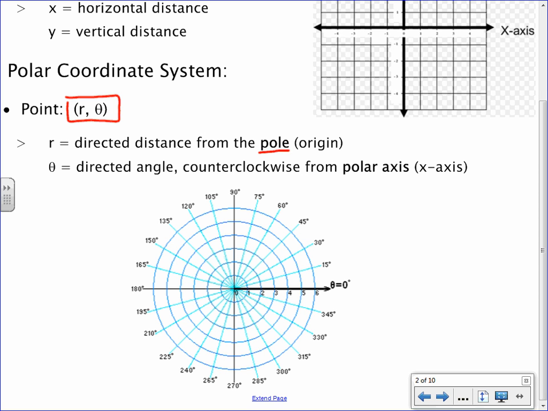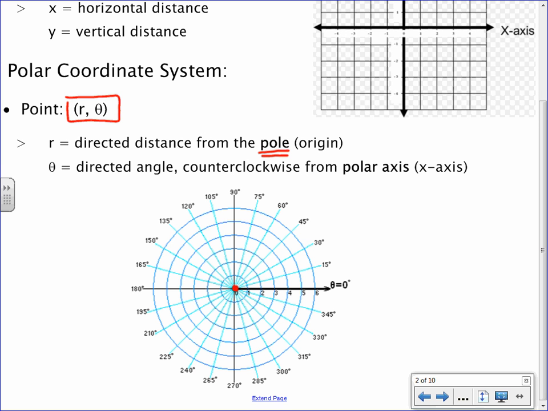Anytime I say the pole, that's in the same place as the origin, but when we're talking about a polar coordinate system, it's called the pole. So r is a directed distance from the pole. You can kind of think of that as radius if you want to. But directed distance, it could be positive, it could be negative. If it's negative, we're moving backwards. I'll show you where.